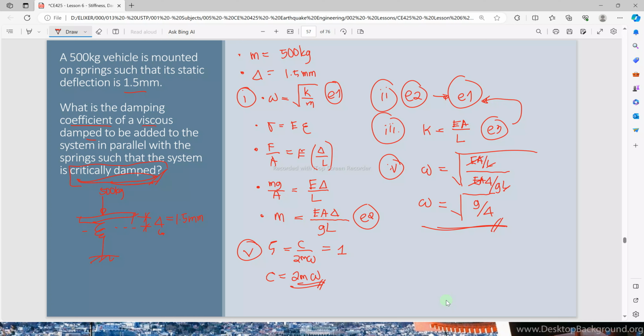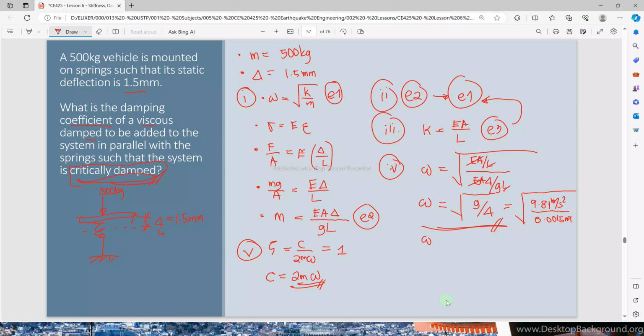So we have here 2m omega, and now we can solve. We have the gravitational acceleration, 9.81 meters per second squared, over the deflection. Our deflection is 1.5 millimeters, or equal to 0.0015 meters. So be careful of the units so that the meters cancel.